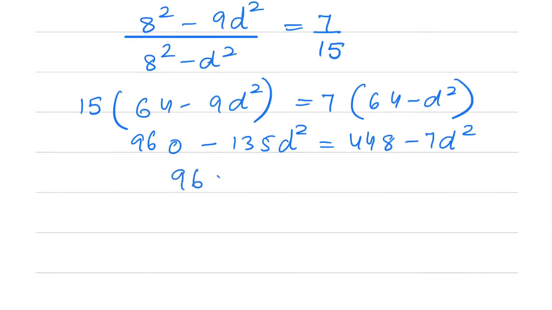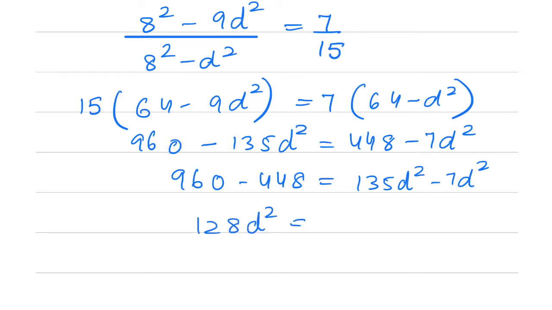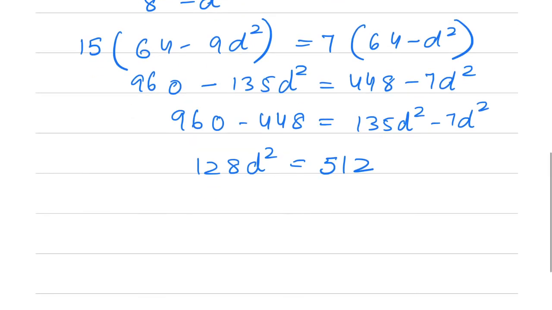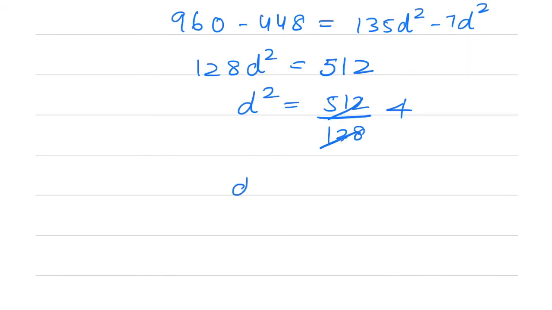So we have 960 minus 448 is equal to 135d square minus 7d square. 135 minus 7 is 128d square is equal to 960 minus 448. So d square is equal to 512 by 128, and this goes 4 times. d square is equal to 4. So d is equal to plus minus 2.